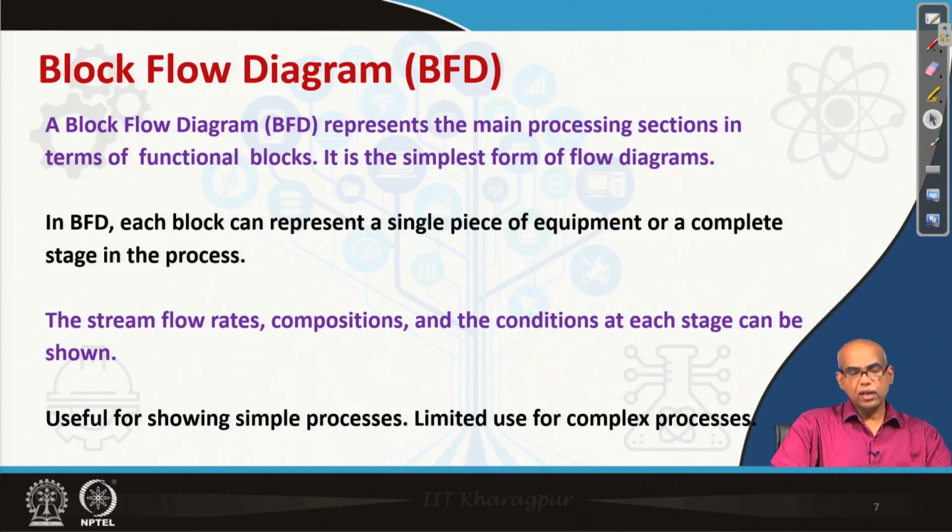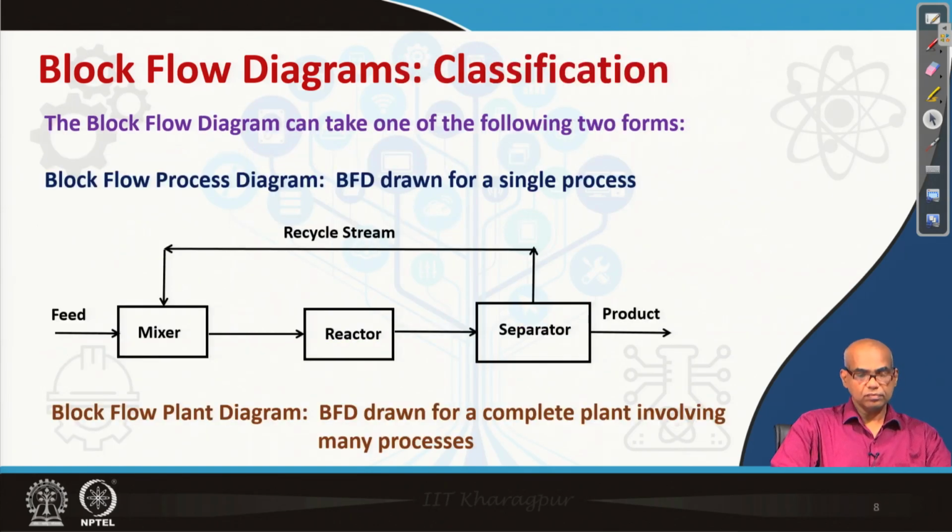So, a block flow diagram is more useful for representing a simple process. A block flow diagram can be drawn for a single process, or it can also be drawn for a complete plant involving many processes, but then we will be clubbing the entire process into a single block.